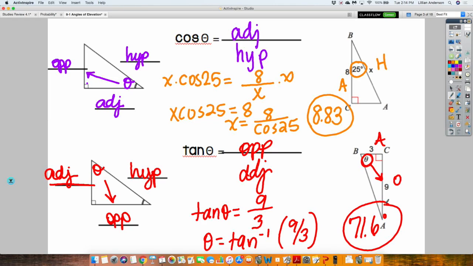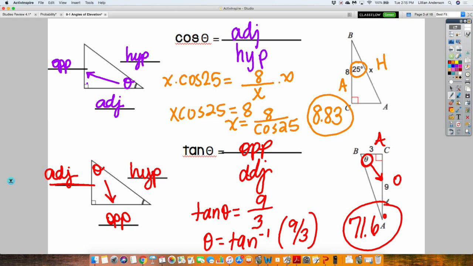Sine, cosine, and tangent, they are functions, just like a quadratic function, a radical function, a rational function, etc. Except they have their distinct features, which we'll talk about towards the end of this unit. But they're basically a ratio comparing the sides of a right triangle.